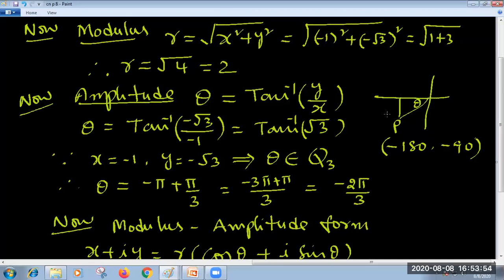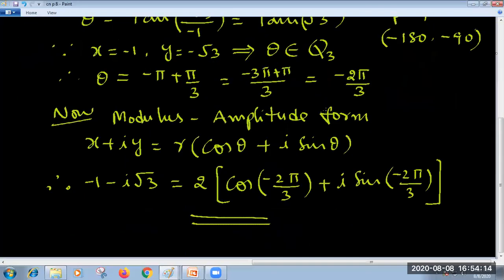The first quadrant is 0 to 90, second 90 to 180. And here we come in reverse with negative angles. In the fourth quadrant, this is minus 90 to 0. In the third quadrant, minus 180 to minus 90. So in that way, the angle is minus 180 plus pi by 3, that is minus 2 pi by 3. So minus 120. Tan minus 120 is root 3.